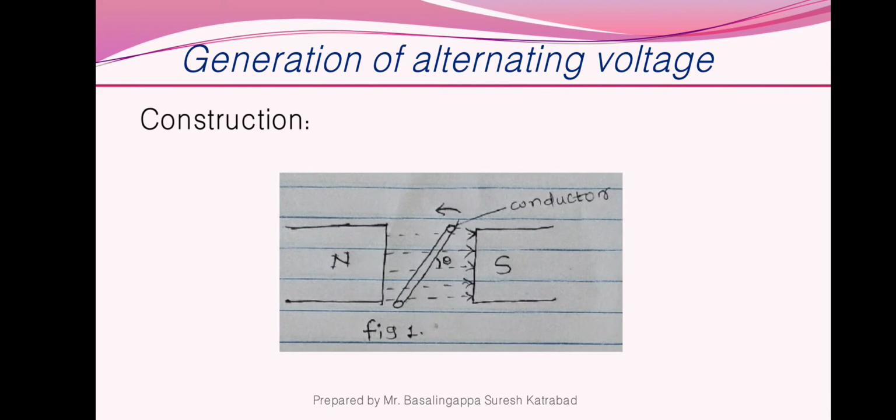Flux is continuously passing from N pole to S pole. In this magnetic field, we are taking a single conductor that is kept in uniform magnetic field. This is a construction of generation of alternating voltage by single conductor.